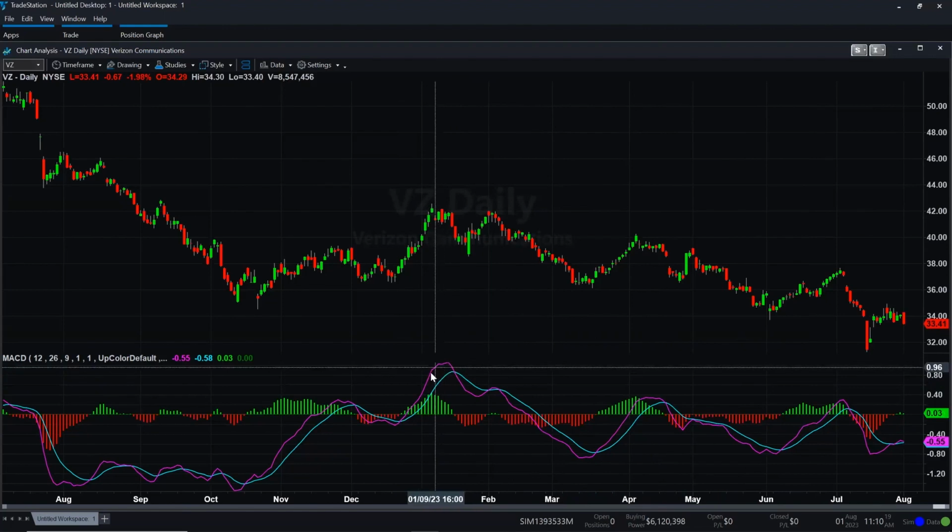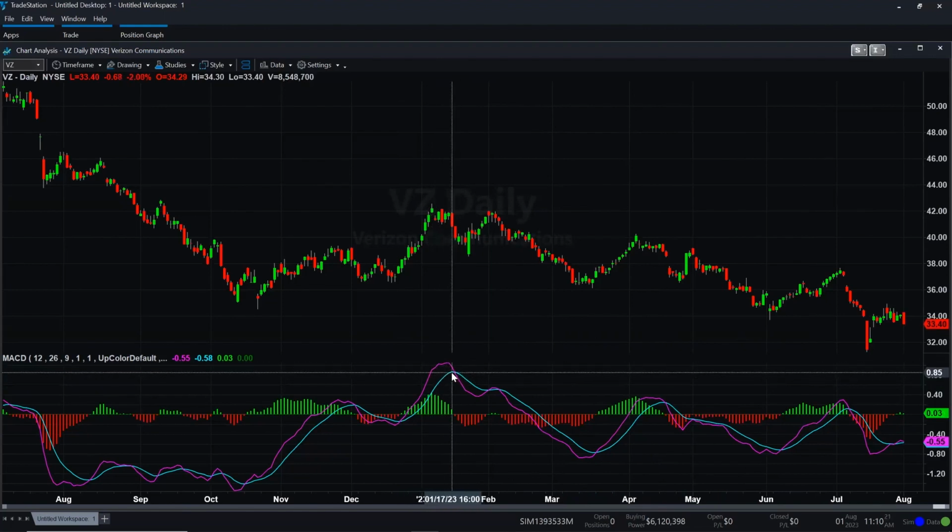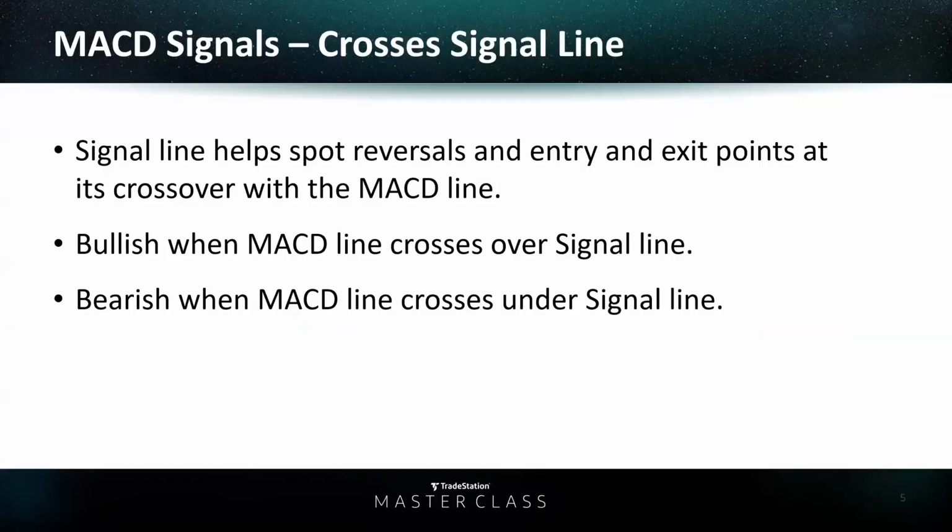So the magenta line is the MACD line. The cyan line is the signal line. So what we're looking for is for those two lines to cross. That is the signals that we're talking about in our PowerPoint when we refer to the bullish and bearish signals. We're looking at when those two lines cross.